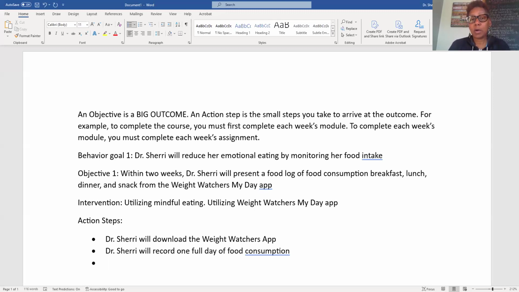Or it may be around the emotional eating aspect itself. I might say Dr. Sherry will notice when she has an urge to visit Five Guys and order the double cheeseburger with ketchup and mayo and pickle and the fry with extra vinegar and get a whole bag of peanuts, right? Because that's some of the places I go for emotional eating. Or she will notice when she goes to Chipotle, and I'm being crass, giving you my whole order just to give you an understanding.